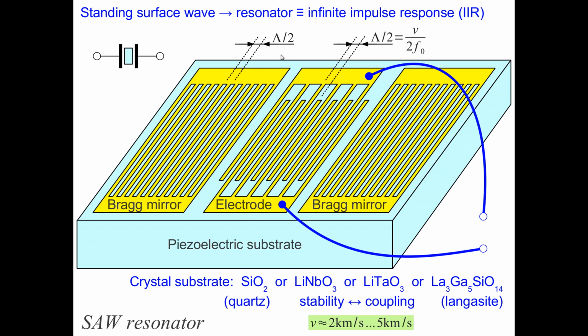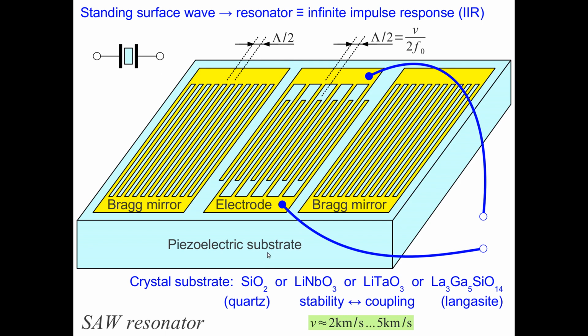If the spacing here is lambda half, where this big lambda is the acoustic wavelength inside the piezoelectric surface, we reflect the wave here and reflect the wave here, so we can obtain a very high Q resonator also on a piezoelectric substrate that may have a similar thickness.